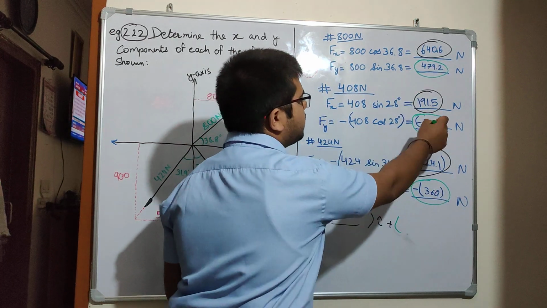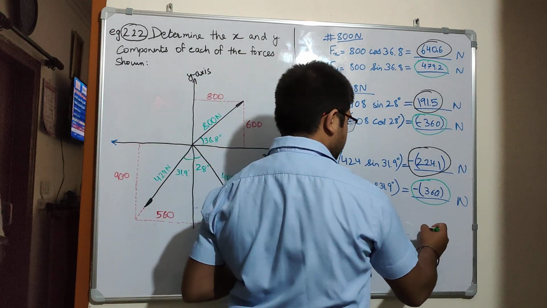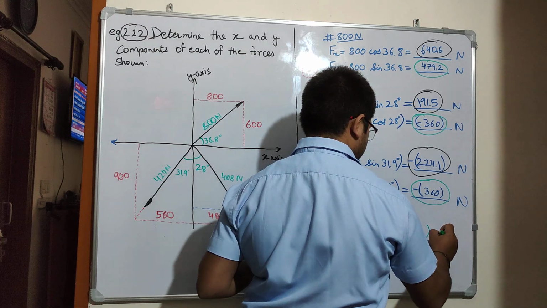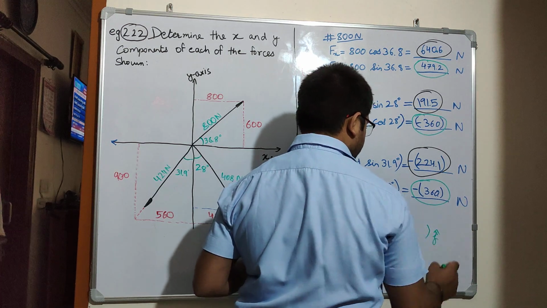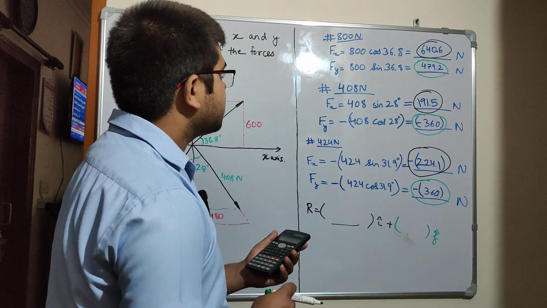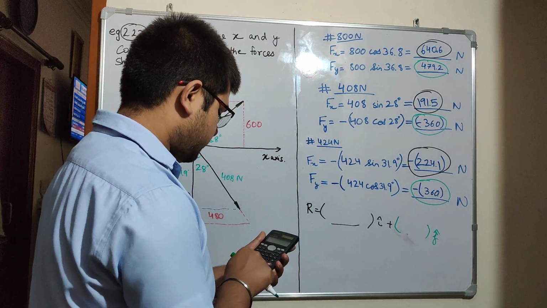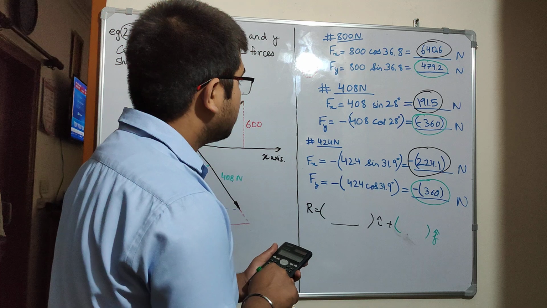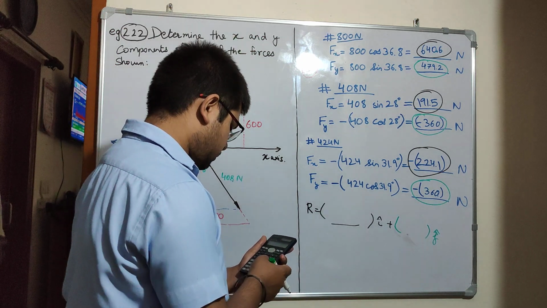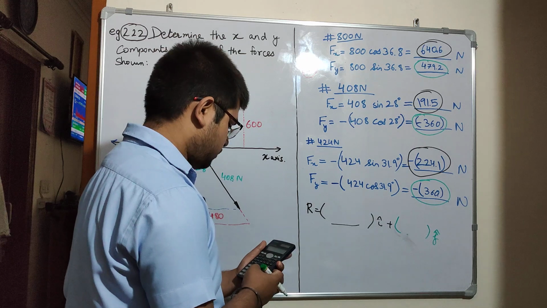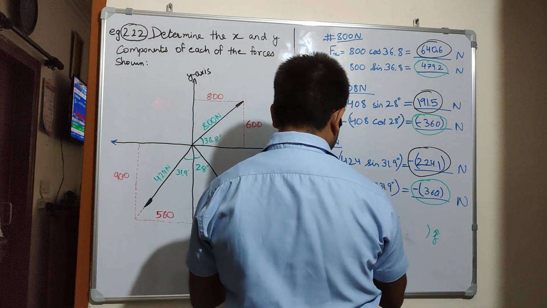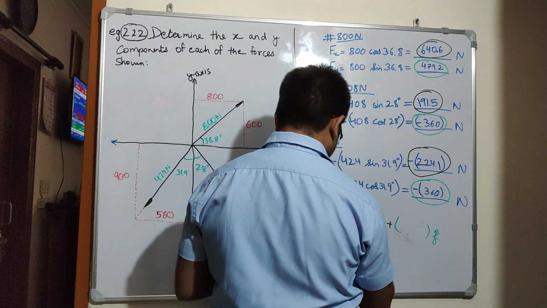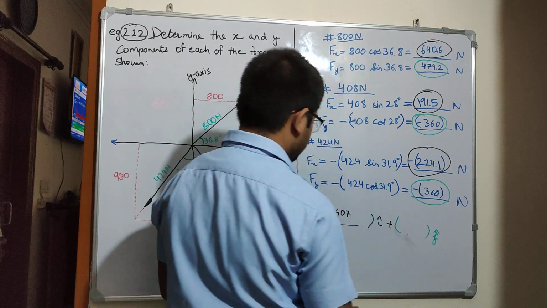We will add these three green forces and write here as J cap. I'll just quickly add them. 640 plus 191 plus minus 224 gives 607 I cap.